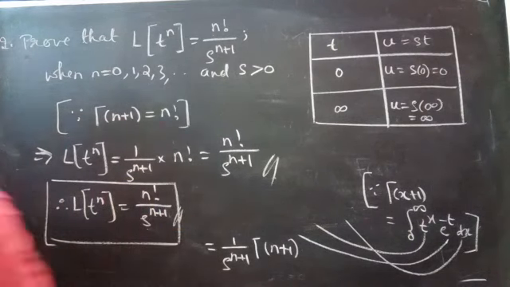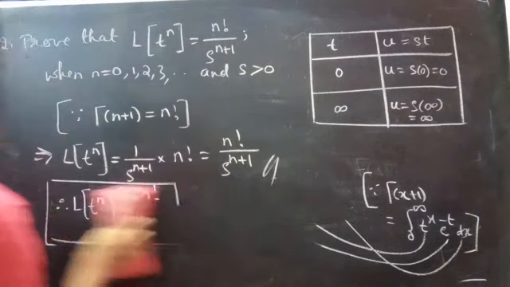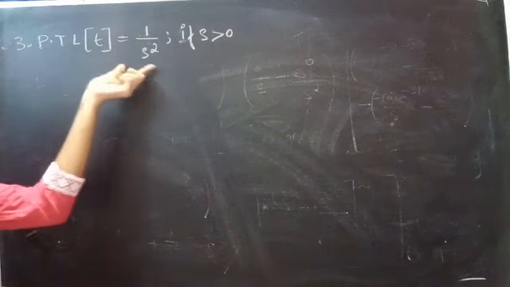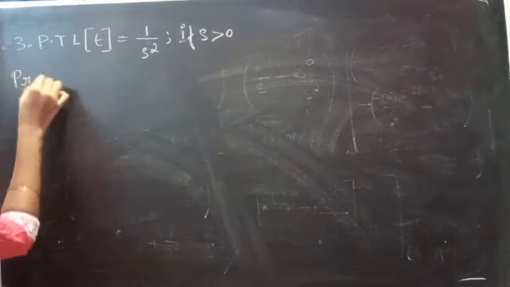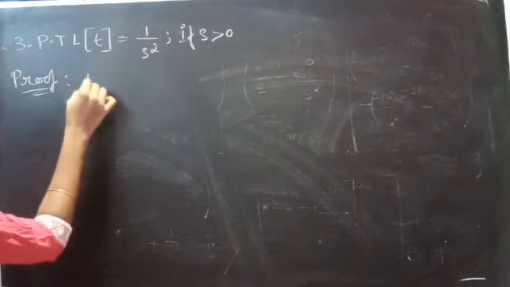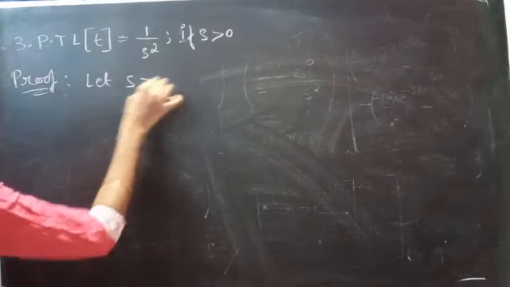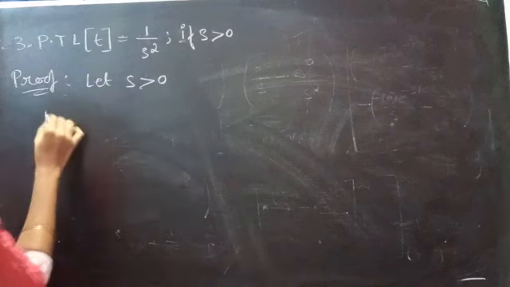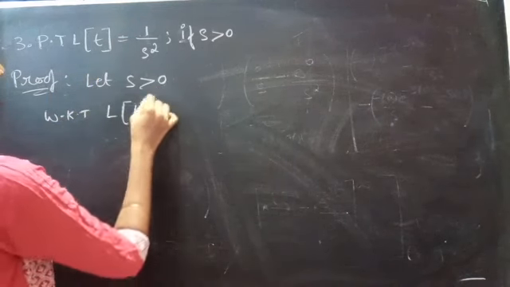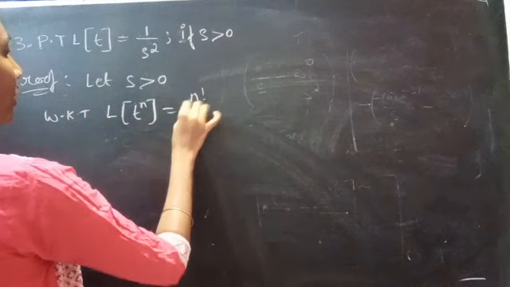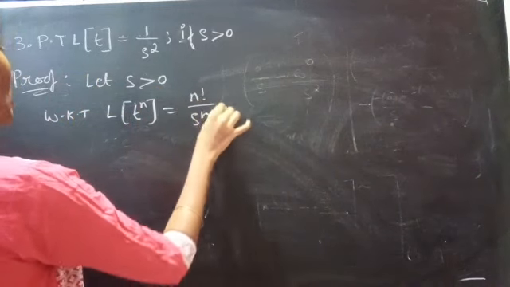Okay. Now coming to the third one. Prove that L of t equals 1 by s square if s is greater than 0. Proof. Let s be greater than 0. We know that L of t power n equals n factorial by s power n plus 1.